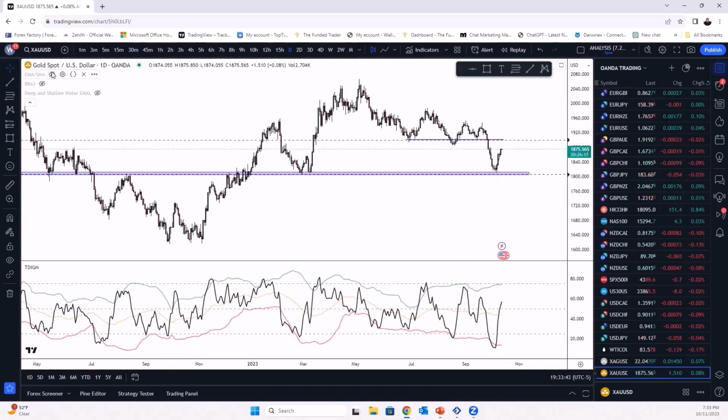A nice clean shark fin on the daily, and now that's playing up to the upside. And should be good to this 50 MA on the same time frame, which is this area of support. So it's going to come up to this 50 MA right here, and then you evaluate it from there. Now, when this comes up, what we're looking at is the TDI. The last peak is right here, and that peak is right here.